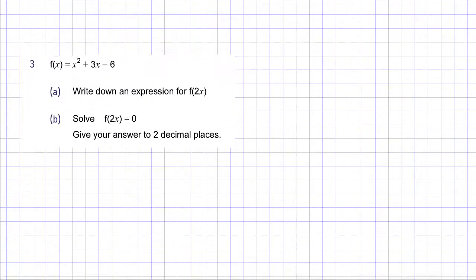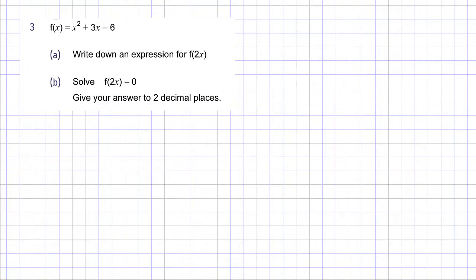Now this next question, I have a function that's a quadratic. So I have f(x) is equal to x squared plus 3x minus 6. And I'm asked to write down an expression for f(2x). So let's try that. So my input should be 2x. So this 2x needs to go in this position here where the x is, and also in this position. So every position where there's an x, I need to put a 2x there.